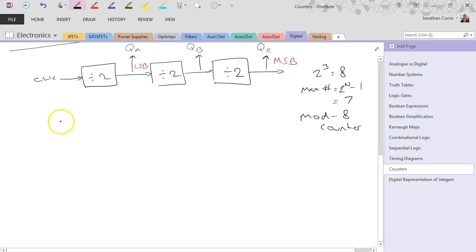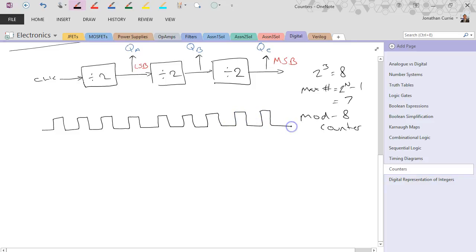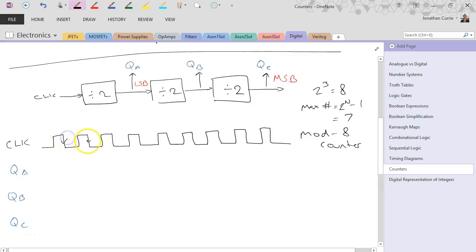So let's have a look at the timing diagram. 1, 2, 3, 4, 5, 6, 7, 8, and 9 for good luck. So there's our clock pulse, and let's assume that it is rising edge triggered. QA, QB, QC. We're going to look at the falling edges in this example.